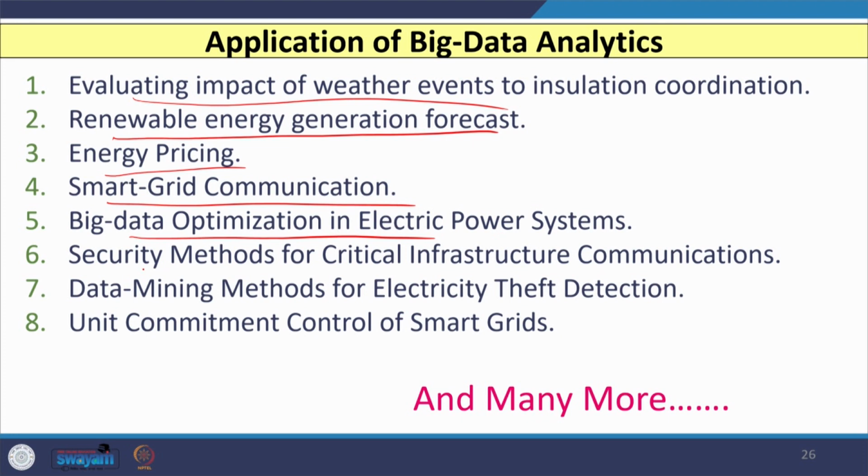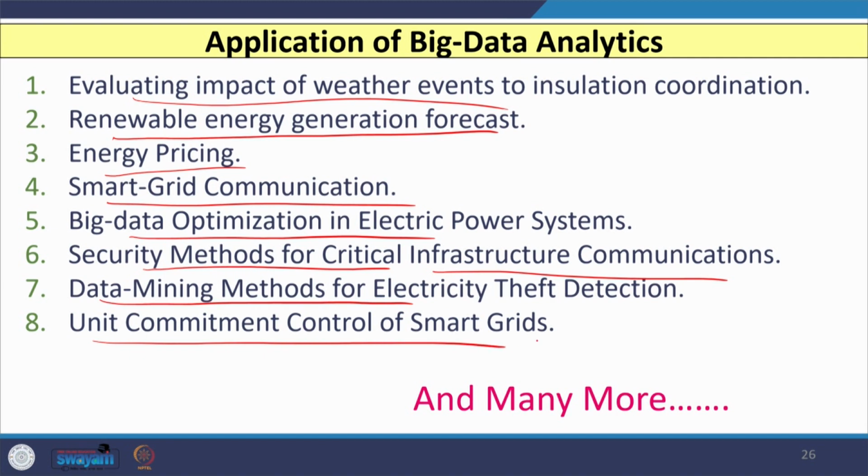You can use security methods for critical infrastructure communication systems. You can also use data mining methods for theft detection of electricity, maybe in unit commitment of smart grids, or in several other applications like electric vehicles, where you need to capture several thousands of data. In that case you can also use big data analytics.